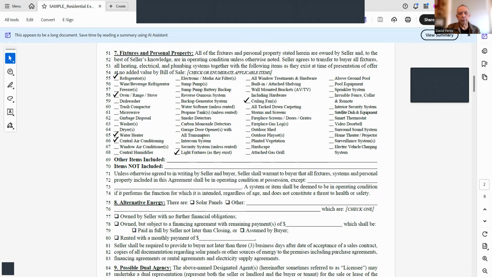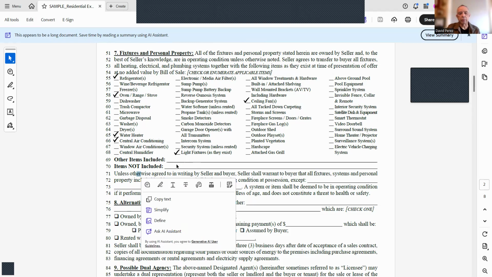If there's other items that you want to leave, like let's say you have an old car in the garage and you don't want to take it with you, you don't want to deal with it, you can put it on here. It's included in the sale so that it stays. But if there is an item that you need to remove before you sell, then you need to put it in items not included on here.